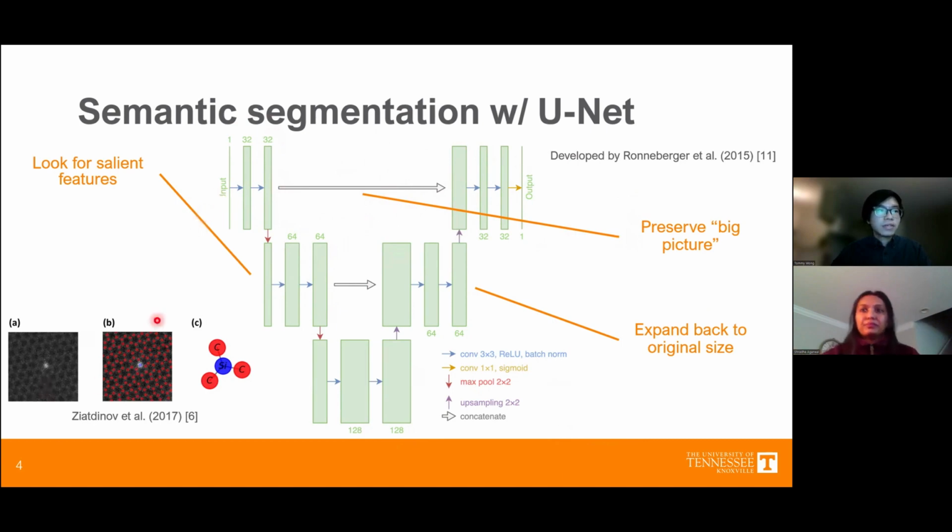And so here is an example in which using UNets, the atomic locations on this high resolution STEM image could be identified, and it's also identified by the class of the atom. So it shows a silicon carbon defect structure in the middle.